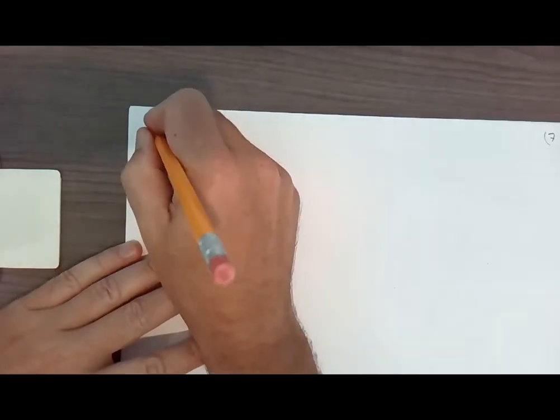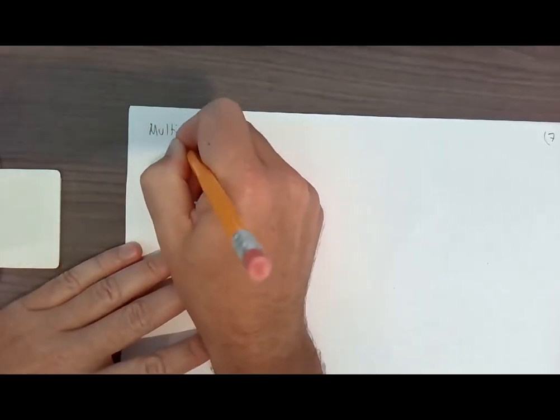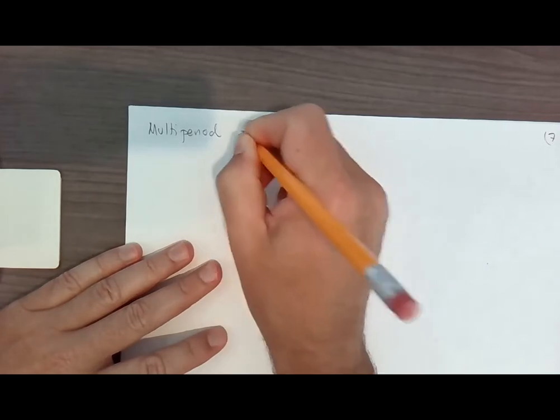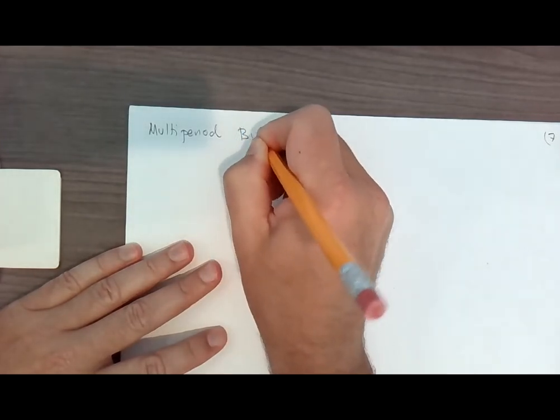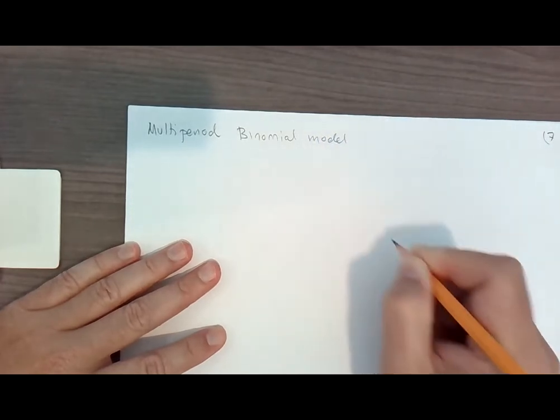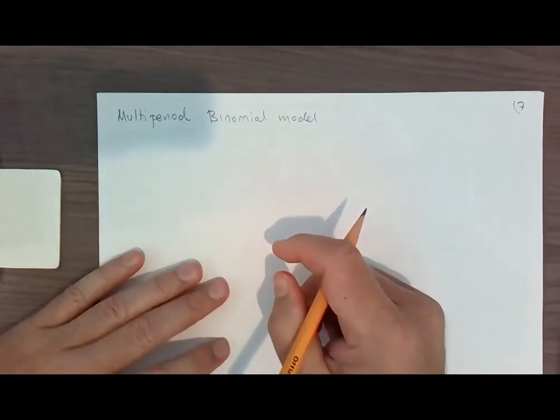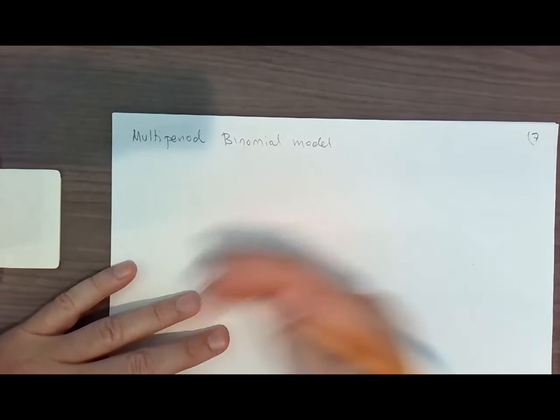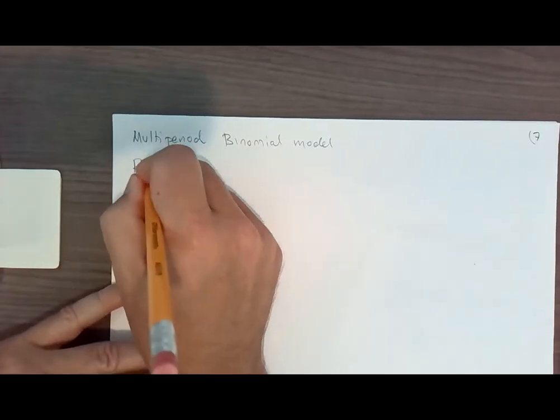So the multi-period binomial model. Now the randomness is going to come from a more general structure.